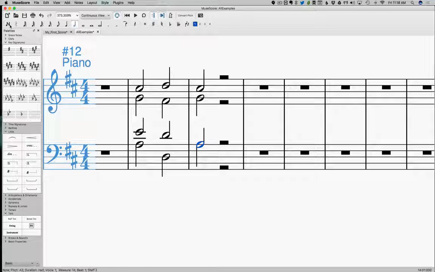So let's fill that in. So my leading tone goes up to tonic. My chordal 7th goes down to that 3rd.